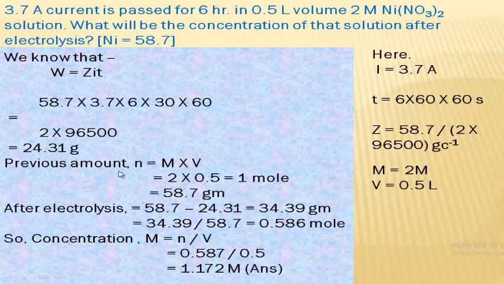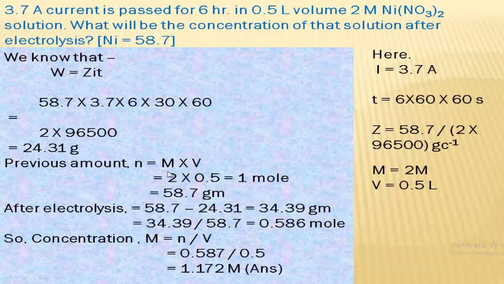Now the previous amount means before the electrolysis process, the volume and concentration are given. So from volume and concentration we know that mole equals molarity into volume, or molarity equals mole per volume. You know this formula.